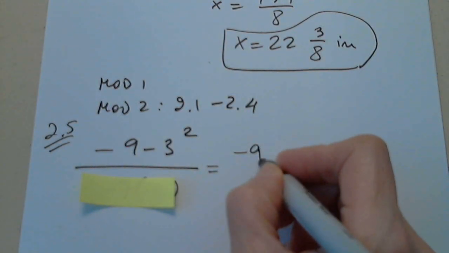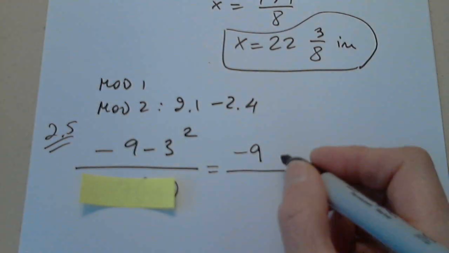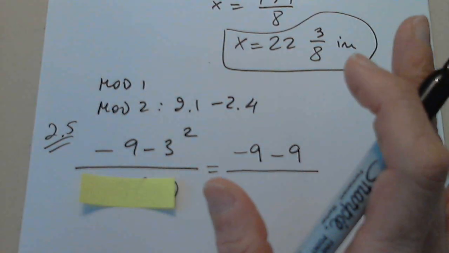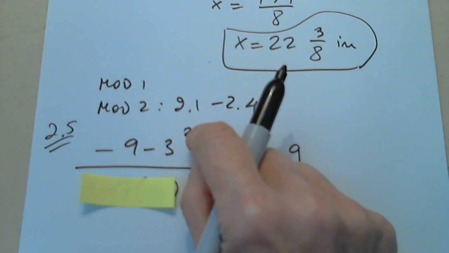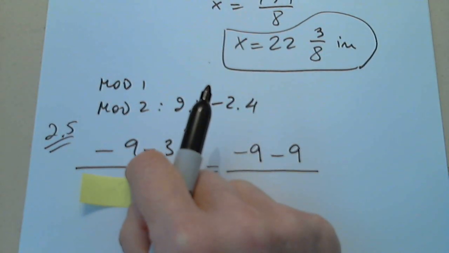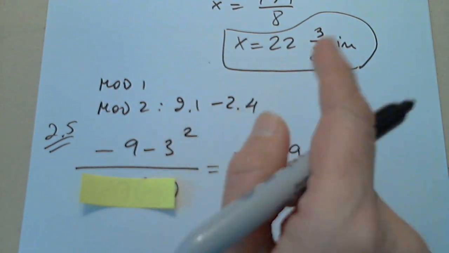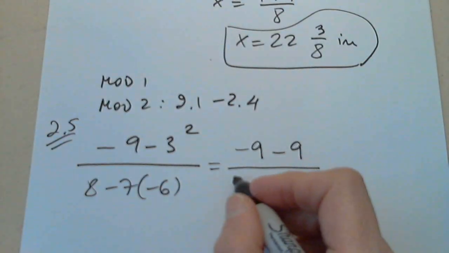So we have -9, and then what do I write? -9. Indeed, thank you very much. Remember, there are no parentheses here. You're not allowed to apply the power to the negative sign in front. The power is applied only to 3, and then the answer is multiplied by -1. Awesome, thank you. Now, 8 is 8.